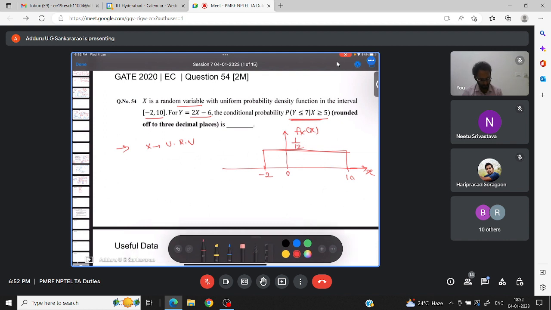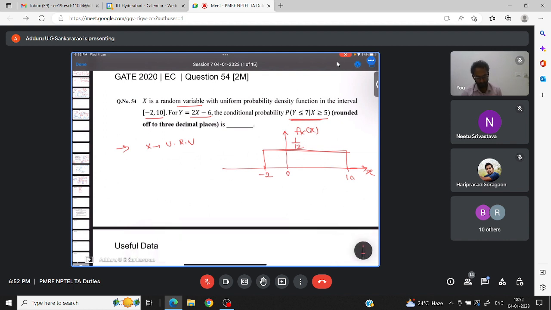This is the PDF of X. Now they have given Y, Y is 2X minus 6. So actually they are asking probability of Y less than or equal to 7 given X greater than or equal to 5. This conditional probability they are asking, right? Can I write like this?